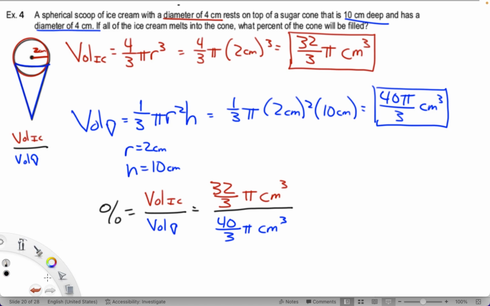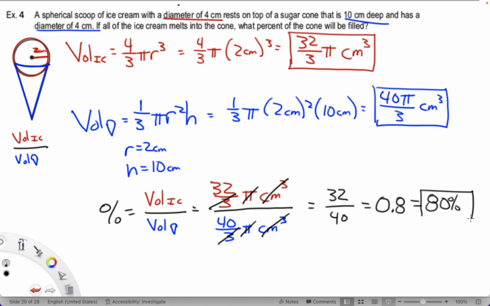If we divide the numerator and the denominator by centimeters cubed, those cancel. By pi, those cancel. If we multiply the numerator and the denominator by 3, those cancel. So when I'm all done, I'm just left with 32/40, which equals 0.8, or since it's asking for a percentage, that would be 80%.